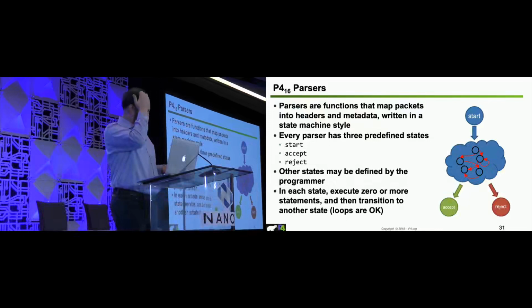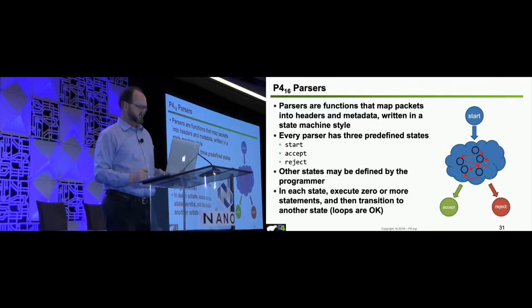Okay, so we're going to actually look at the first example parser here, the exact lines of code we'll need to actually parse some headers, as opposed to the previous program which parsed no headers. So every parser starts in a unique start state, named start, that's hard-coded in the language. There's an accept state and a reject state for every parser, again, hard-coded names in the language.